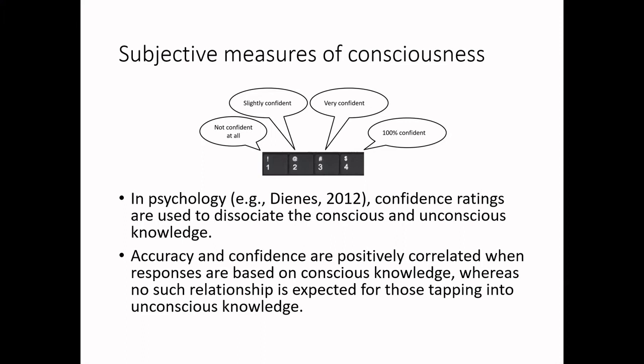On the other hand, no such relationship is expected for those tapping into unconscious knowledge. In order to explore the unconscious knowledge that may or may not be acquired from LLAMA D, in the current study, participants were required to report their confidence levels for each test item by modifying the original LLAMA D test.